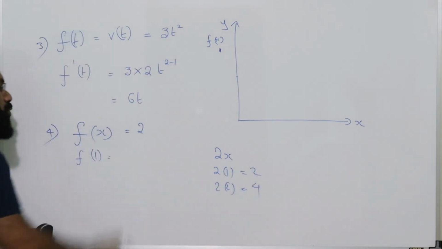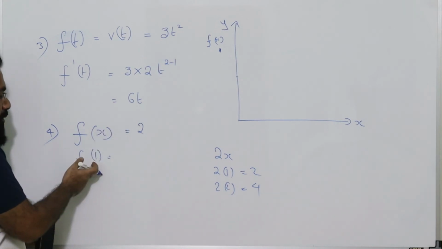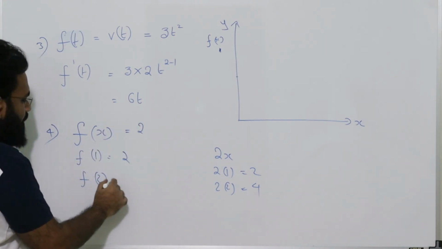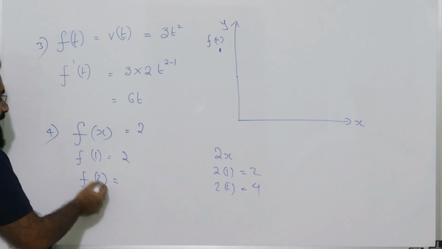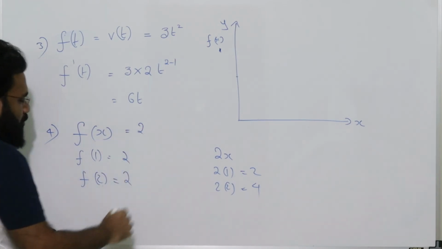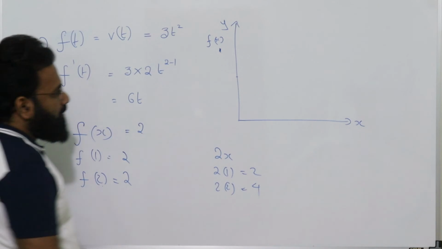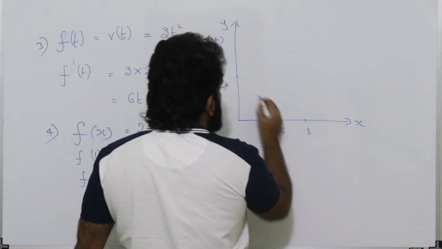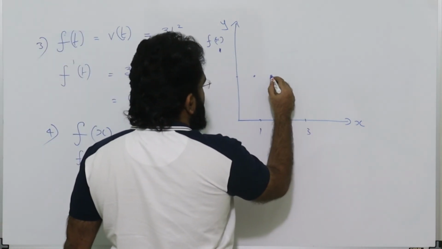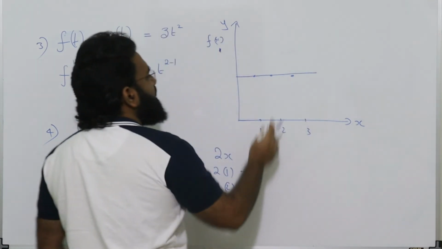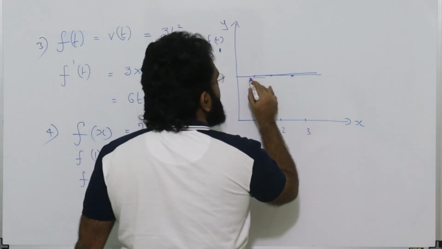Likewise, for 2, I don't have x to substitute, so I get 2 itself. F of 2, again no x, so again 2. It is a constant value. So when x is 1, 2, 3, everywhere I get 2 for y. So this is a straight line.